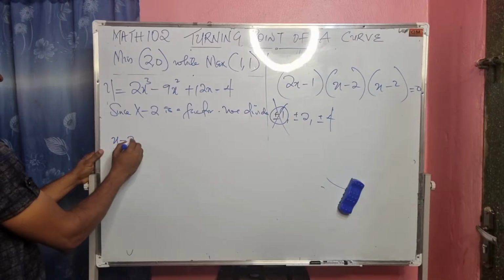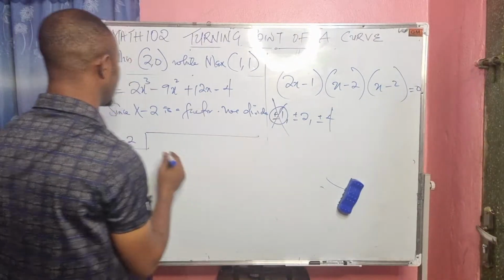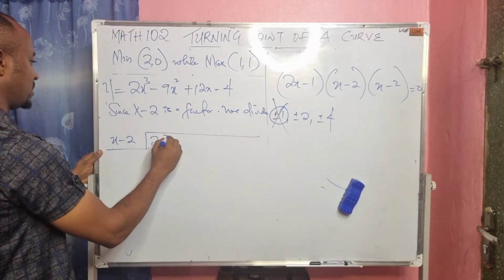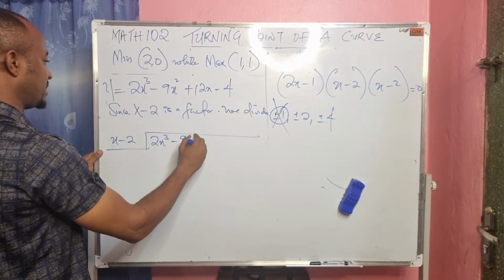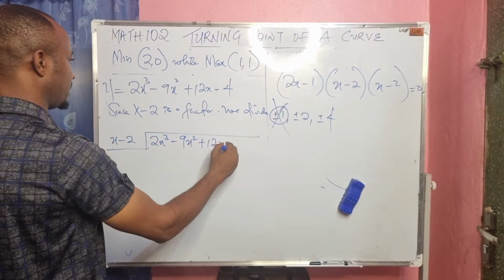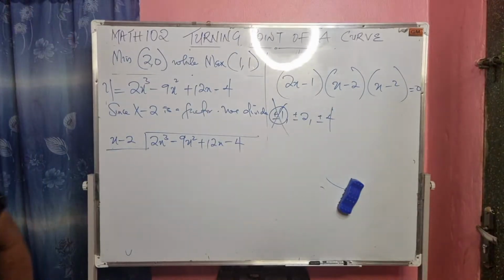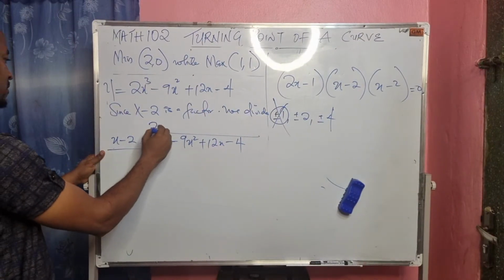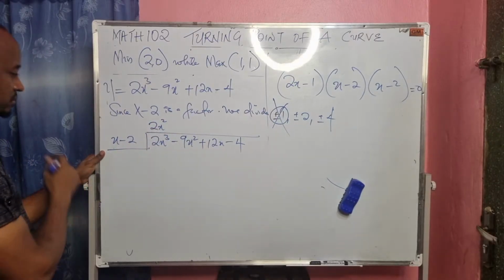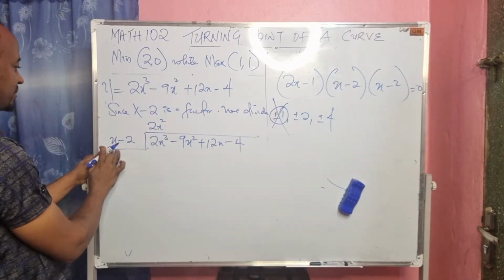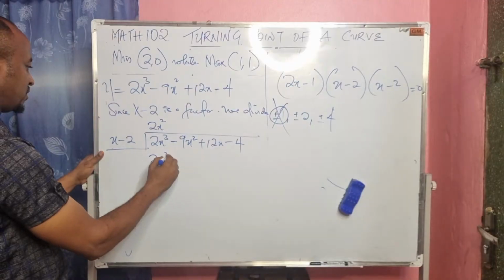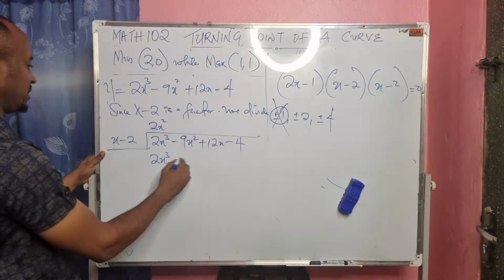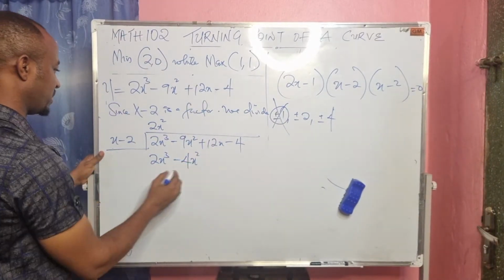We have x minus 2 and 2x cubed minus 9x squared plus 12x minus 4. All right, this is the function, right? Let's divide this with this. We have 2x squared. 2x squared times x is 2x cubed. 2x squared times minus 2 is minus 4x squared.